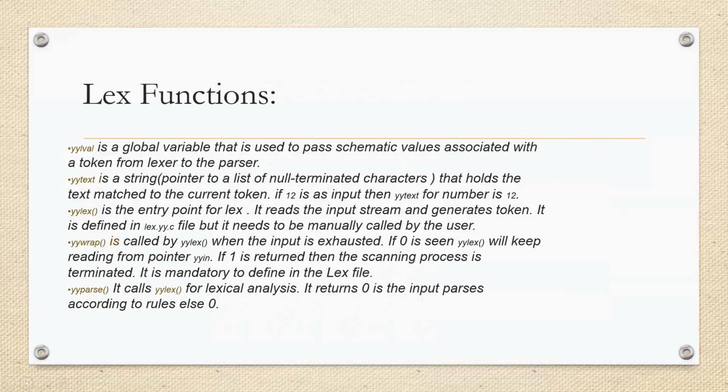So let us see a few of the Yacc and Lex functions. yylval is a global variable that is used to pass semantic values associated with the token from the lexer to the parser. yytext is a pointer to a null-terminated string of characters that holds the text matching the current token.